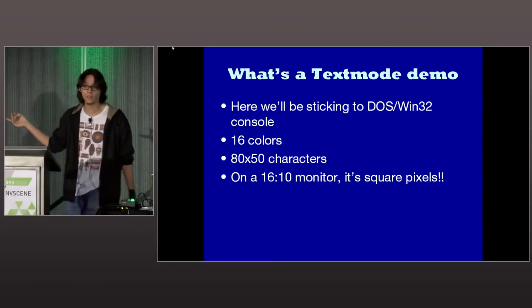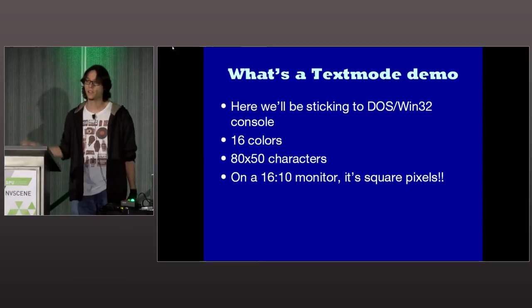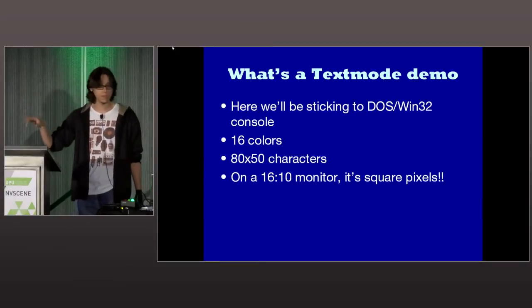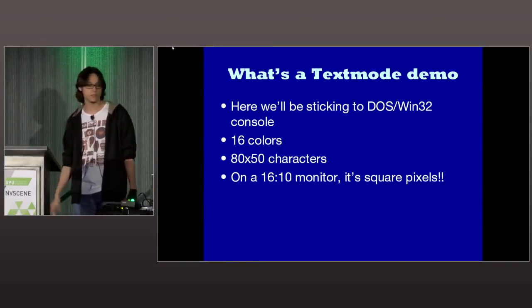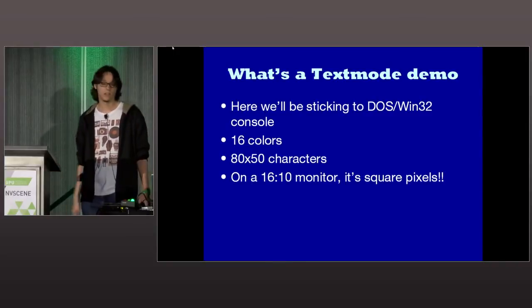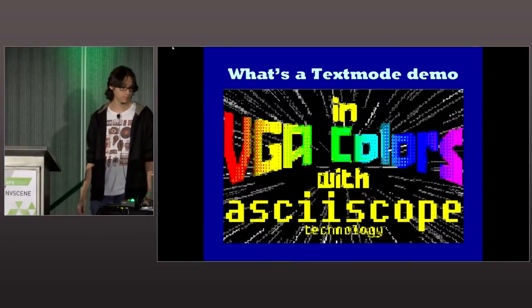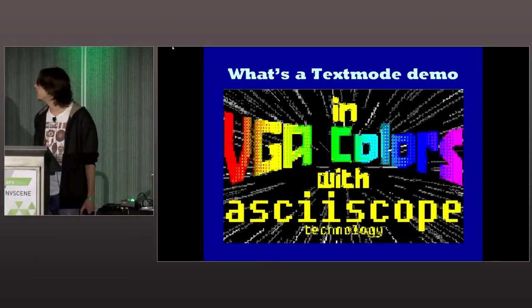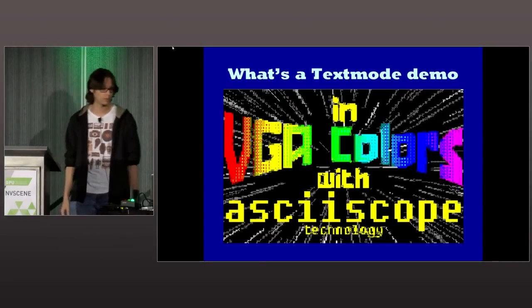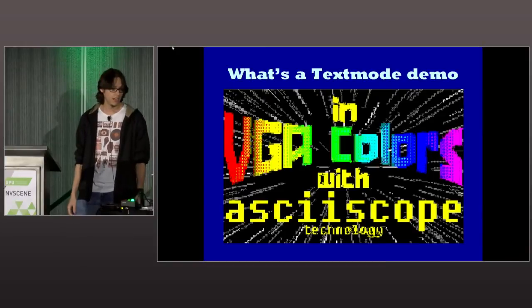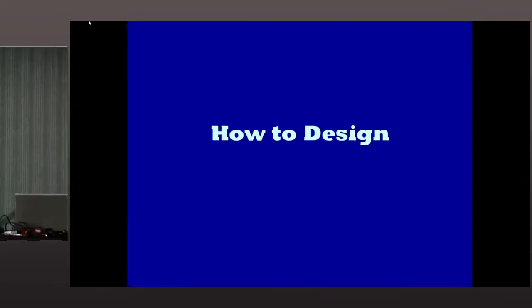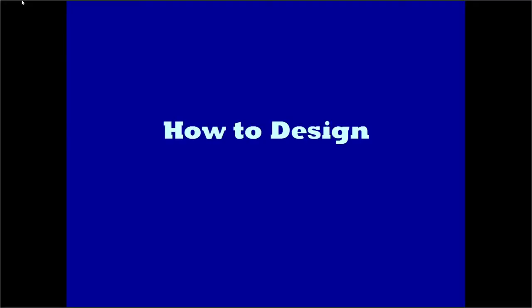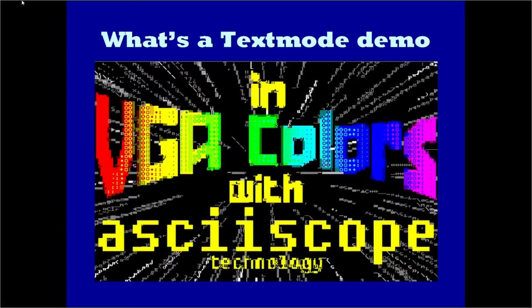It gives you square pixels. It's the same ratio as the 80 by 50 characters. So it's kind of fun. So yeah, we'll be talking about this awesome ASCII technology. And if we get back, you see the rainbow of colors. That's basically the colors we're dealing with.